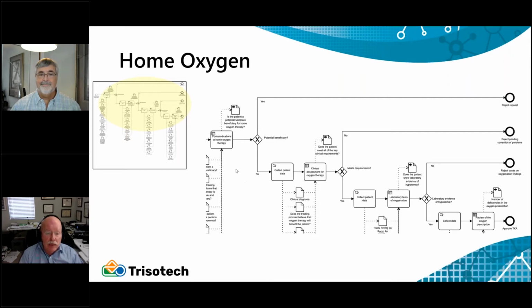Does the person meet the clinical definition for the service? And then some objective data, in this case laboratory values, to help support the necessity. One thing about home oxygen is that this involves a functional classification where hypoxemia, which is why the oxygen is being given, is the endpoint of several disease processes. So that adds a little complexity to the model. Next slide, please.